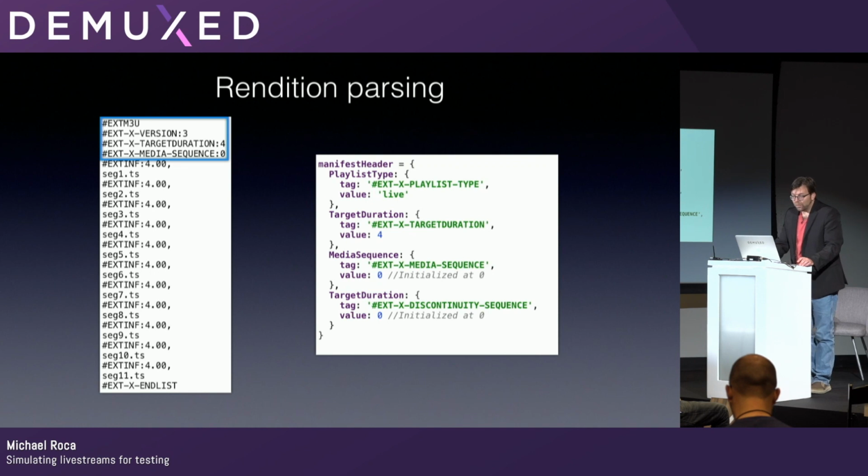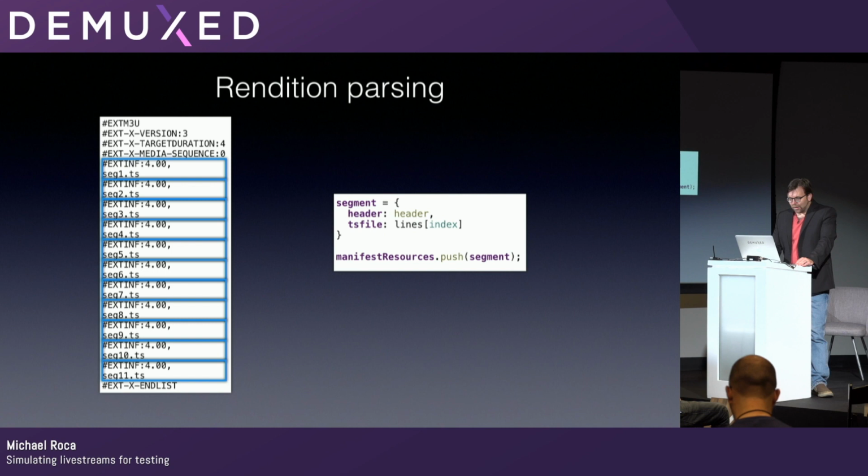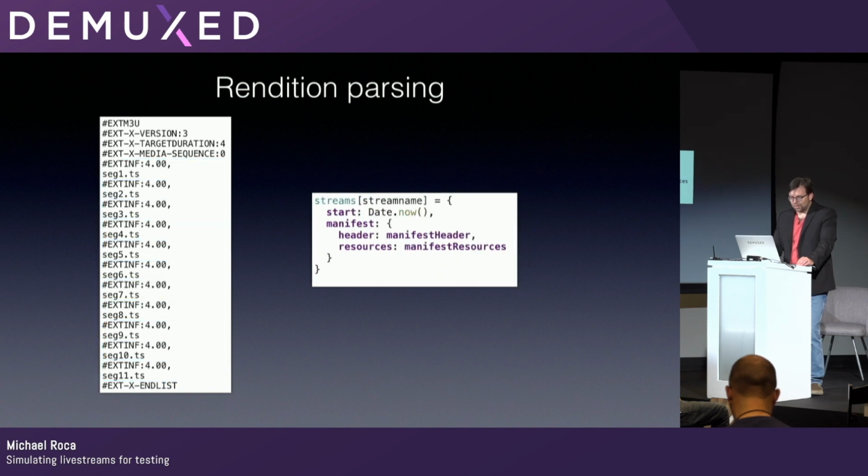Each rendition will be parsed and loaded into memory. You can see here how it's parsing the header, getting all the data. It identifies each segment and saves all the data from that, the file, the header. It also memorizes the start time of each stream, so it knows how to serve it up later.